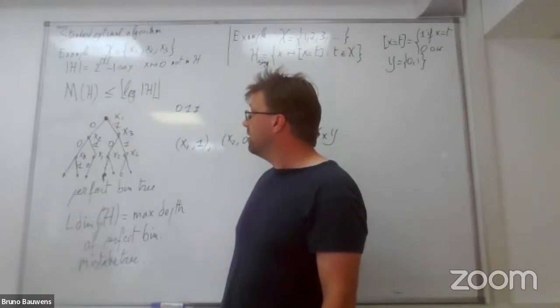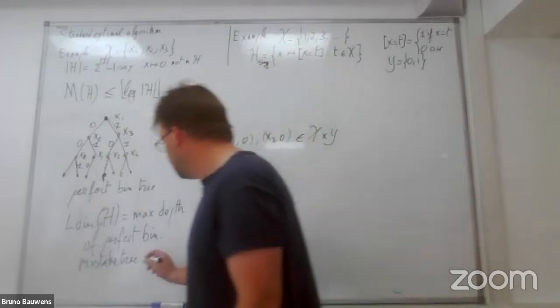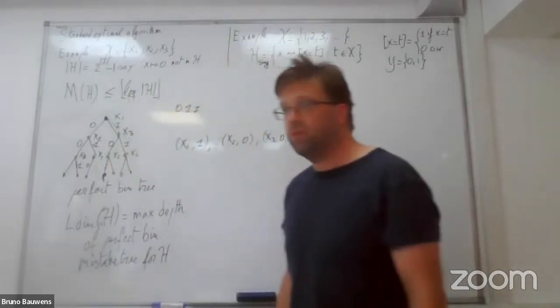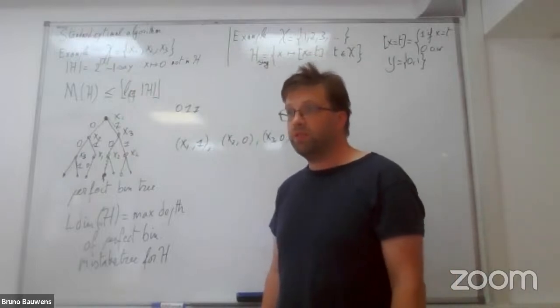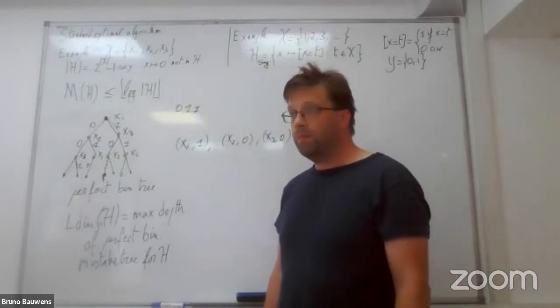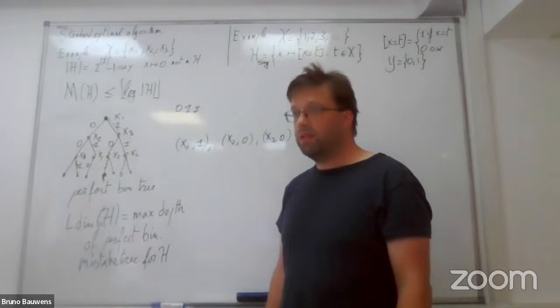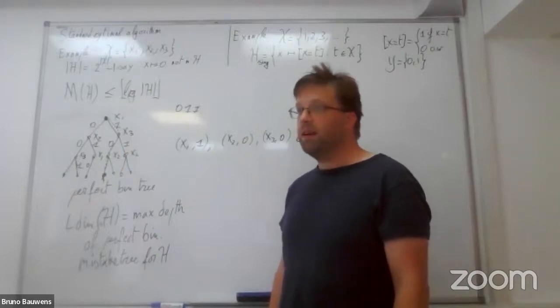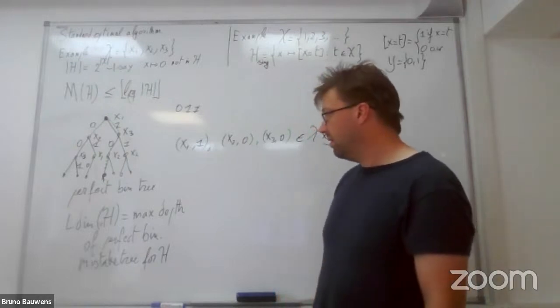So are there many mistake trees for H? Yeah, there can be several different mistake trees, and we choose the one which is a perfect binary tree and has maximum depth. Okay.